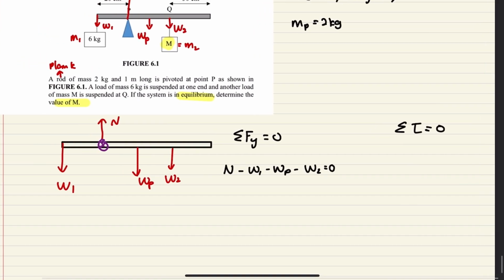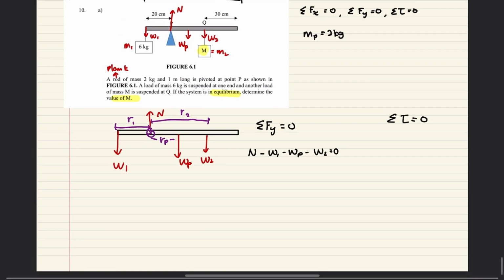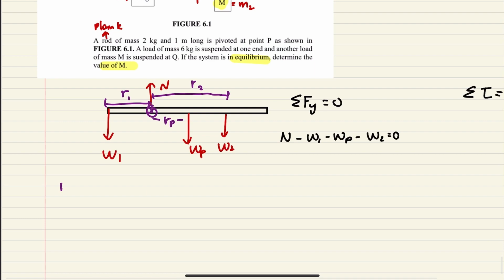On the other hand, if you want to determine the torque, obviously you have to determine the R first. So actually, you have to determine R before you write down the equation. So we have RP over there. Sorry, R2 is actually from the point of rotation to the weight 2, and R1 is from the force to the point of rotation. I just want to write it here because I cannot write over there, it's too small.